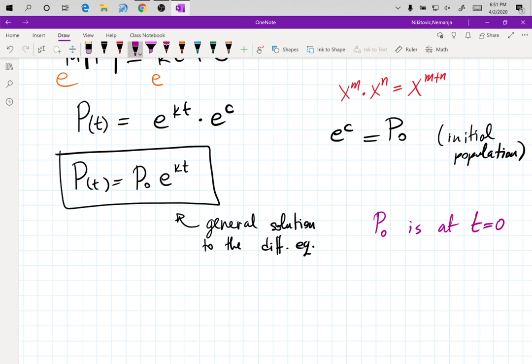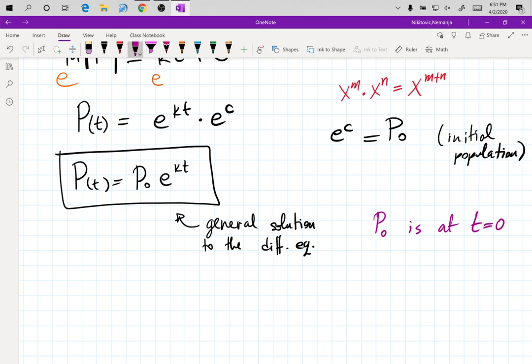You can claim your initial population at any time you want, as long as the concept obviously existed. You can't go more than 5 billion years ago because there was no planet there. But the idea is that your initial population can start with any value in any year, and then you will call that year 0, and then population that year, and you move on. So that's the first part.